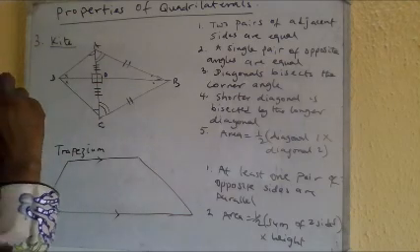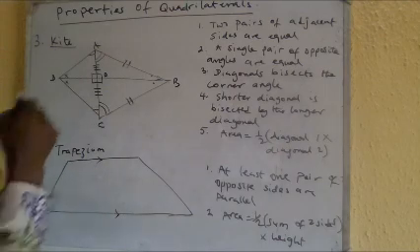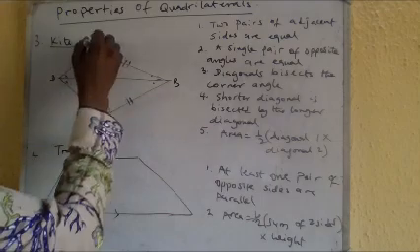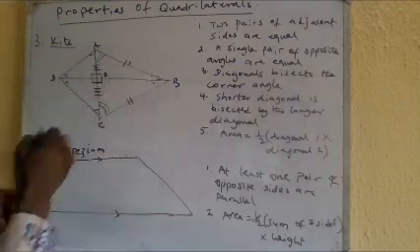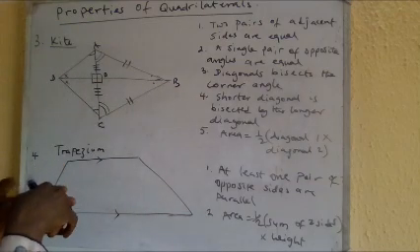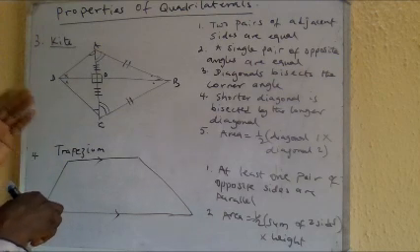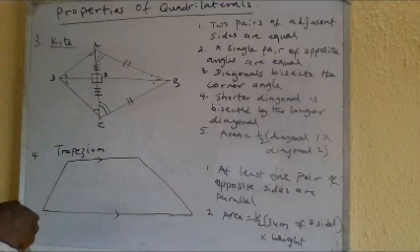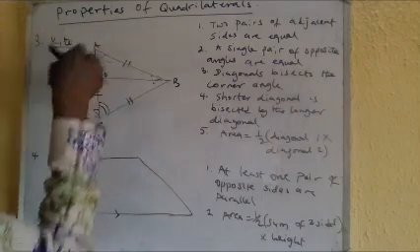Diagonals bisect each other at an angle. So these are diagonals, AC and DB, and they bisect each other at an angle. The shorter diagonal is the one that is bisected by the longer diagonal into two equal halves.